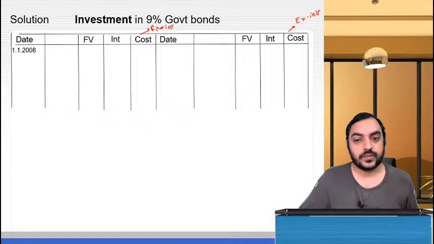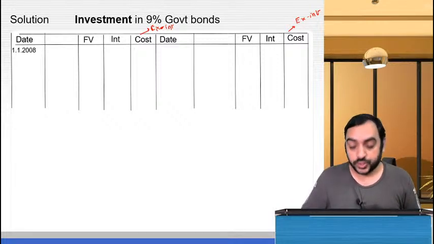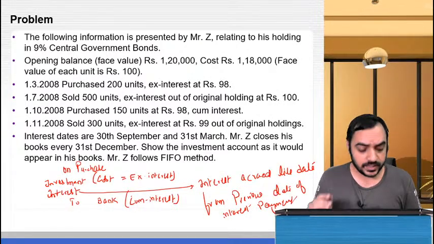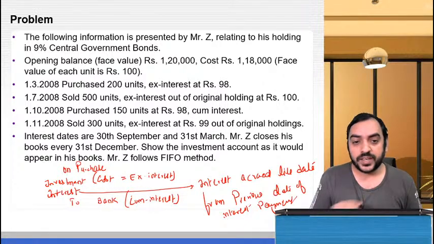Okay, fine. So what should we do now? Let us list down the dates of transactions one by one. So the opening balance: you have 1,20,000, cost 1,18,000.